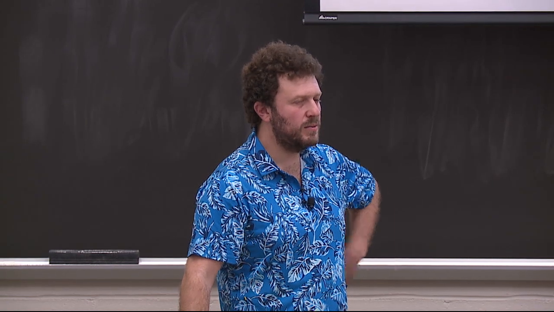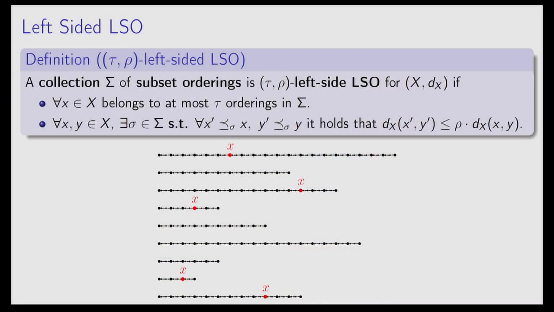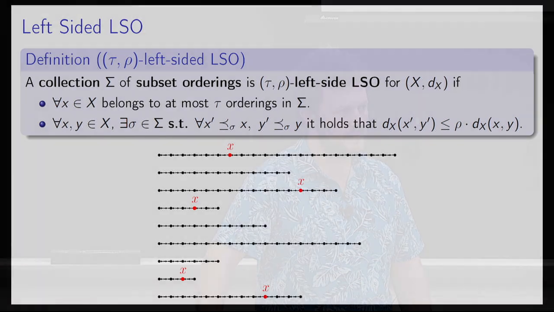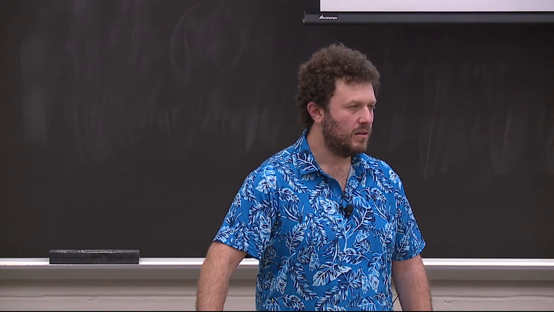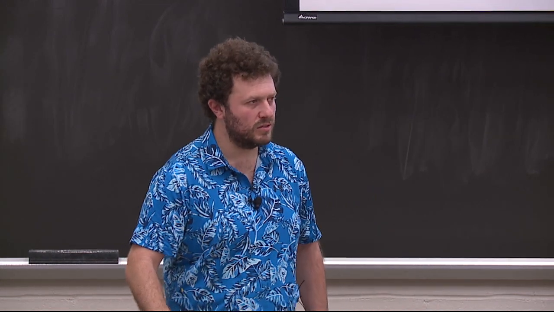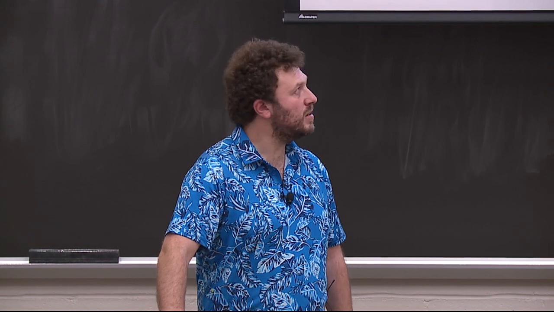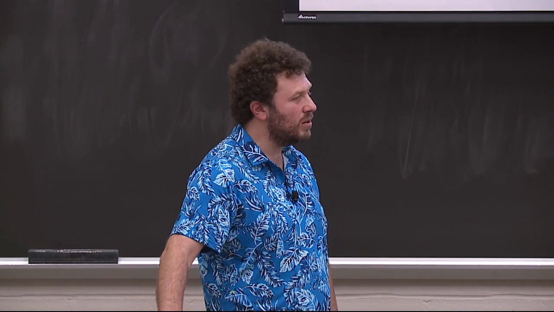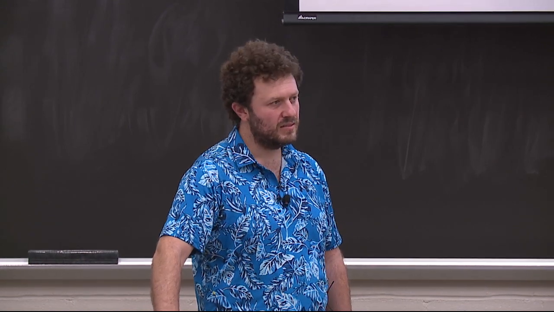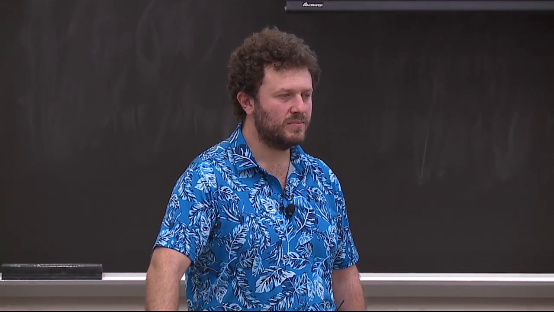But here, because the guarantee is to the left, you cannot just concatenate these orderings. It is possible that different vertices appear in different sets of orderings. I don't know how to use it, and I believe it should not be useful. But most of them are tight or almost tight, up to second order terms.